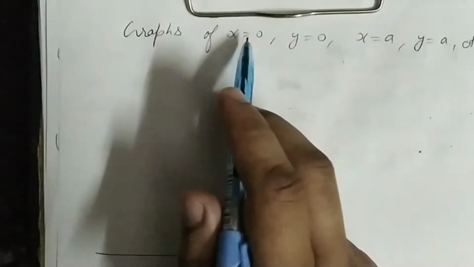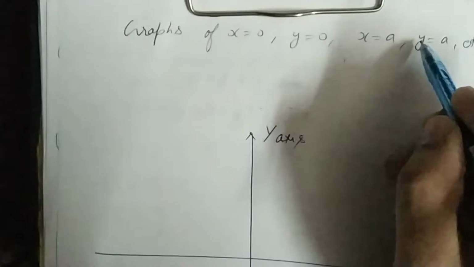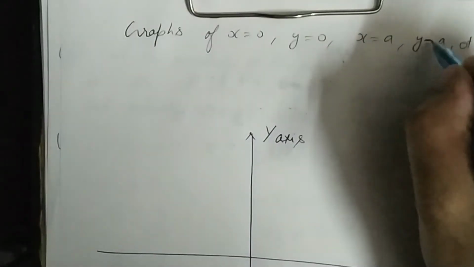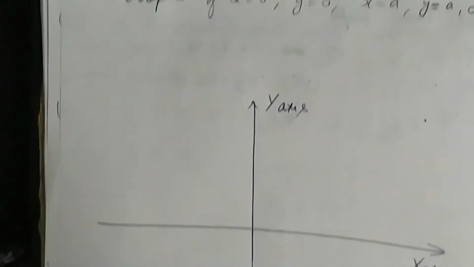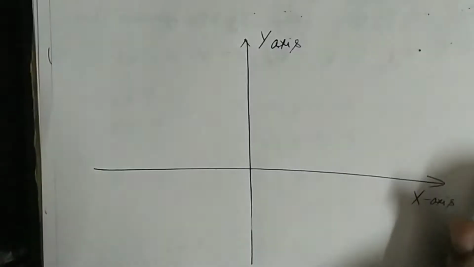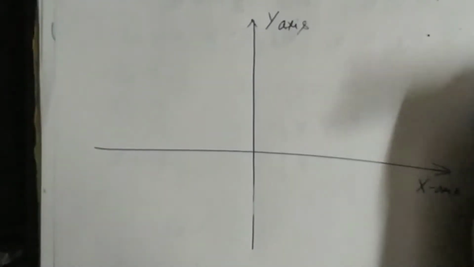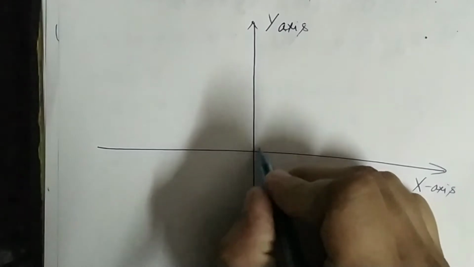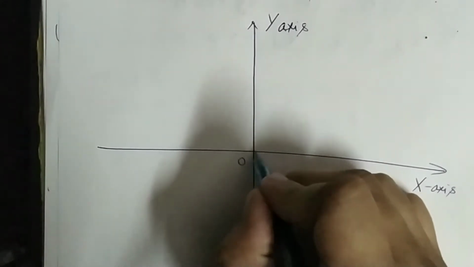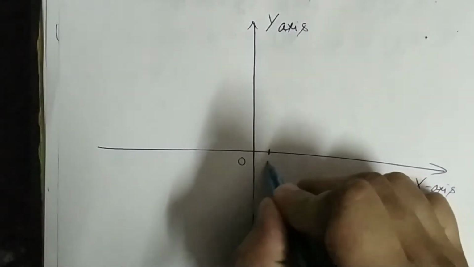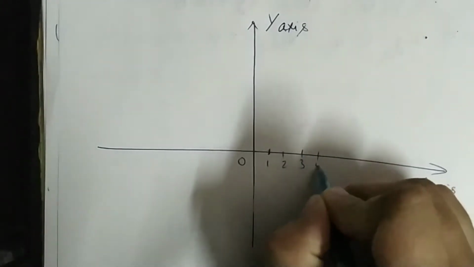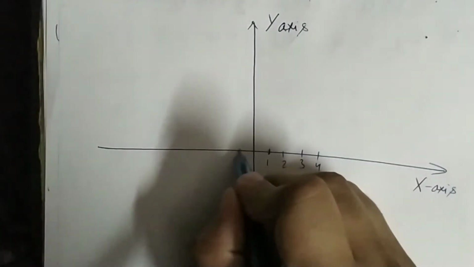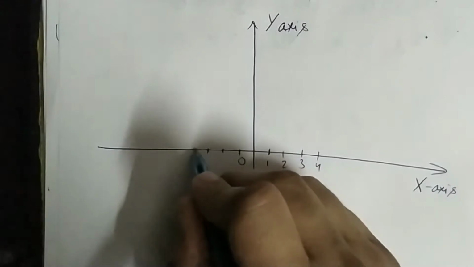Graph of x equal to 0, y equal to 0, x equal to a, y equal to a. This is your x-axis, this is your y-axis. This point is the origin, that is 0, 0. This is positive 1, 2, 3, 4 and so on. Negative 1, 2, 3, 4.